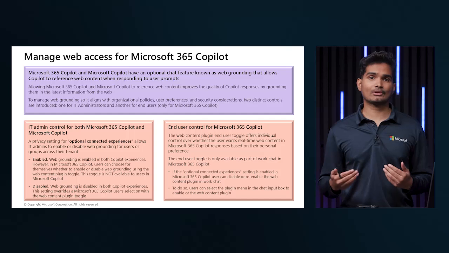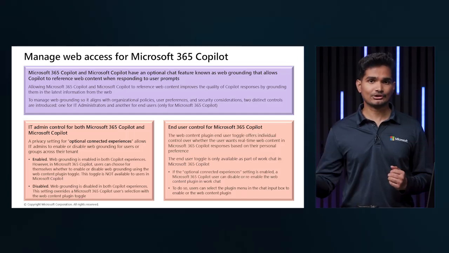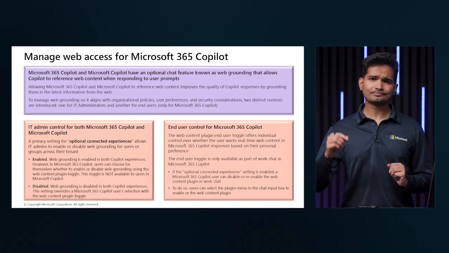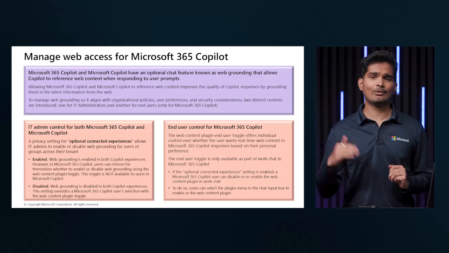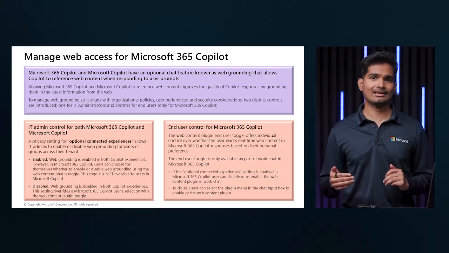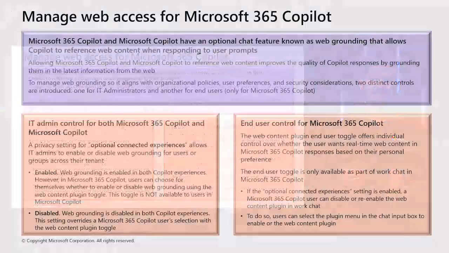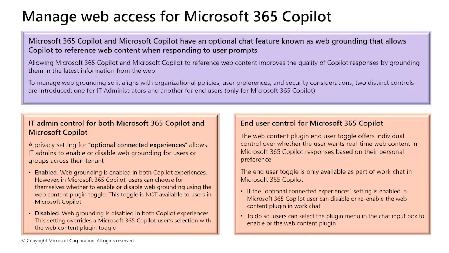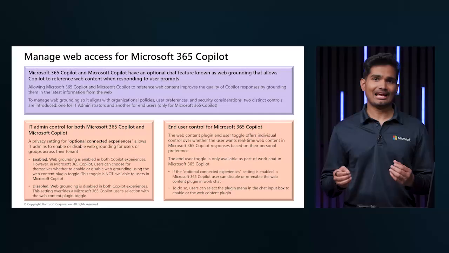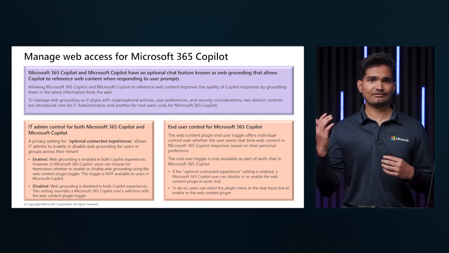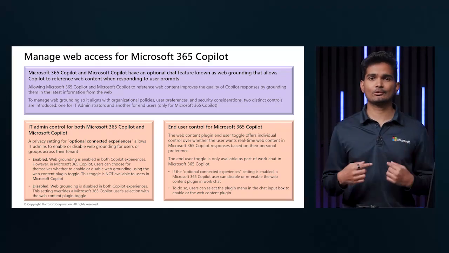The other control can be toggled by the end users, which allows the user to decide whether they want real-time web content in Microsoft 365. Keep in mind that Security Copilot is a separate product and license from Microsoft 365 Copilot. Let's take a look at a quick demo.